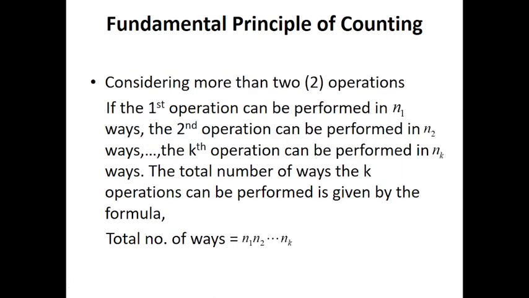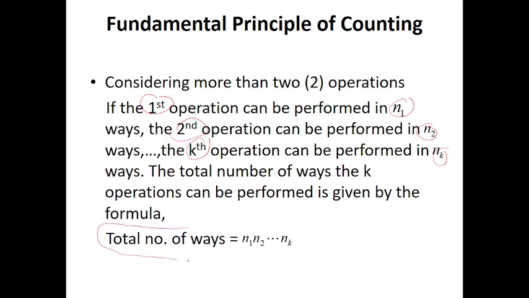Considering more than two operations, we have the first operation that can be performed in n sub 1 ways, then the second operation can be performed in n sub 2 ways, and the kth operation can be performed in n sub k ways. So the total number of ways the k operations can be performed is given by the formula.